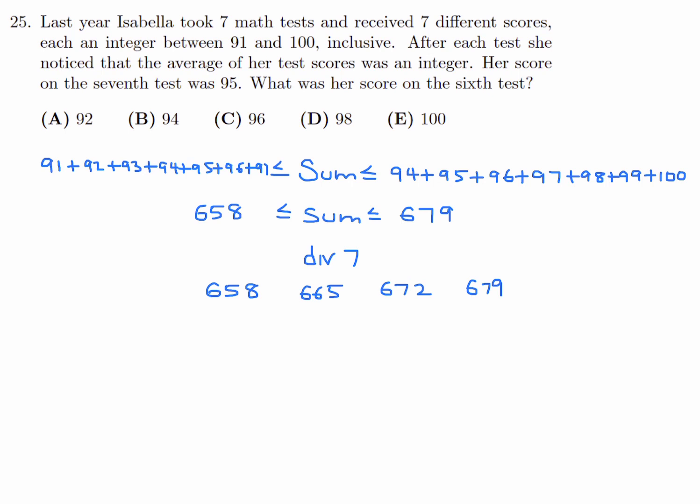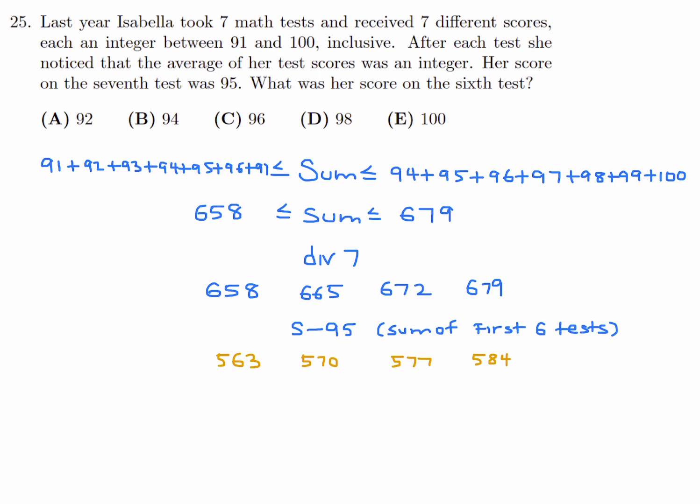But when we get to the 6th test, we know that since the 7th test was 95, the sum of the first 6 tests would be these numbers minus 95. So s minus 95 is basically going to be as follows: 563, 570, 577, and 584.